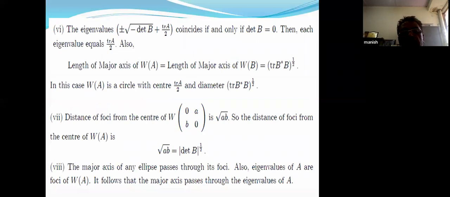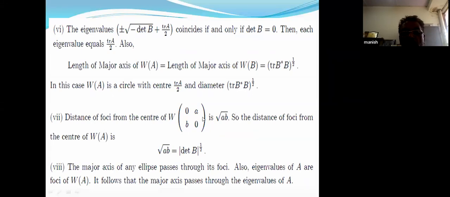Why? Because the only difference is that the length of the major axis is trace B star B plus modulus determinant B, power half. So when determinant B is 0, this is trace B star B, power half. Similarly for the minor axis, this is also trace B star B, power half.